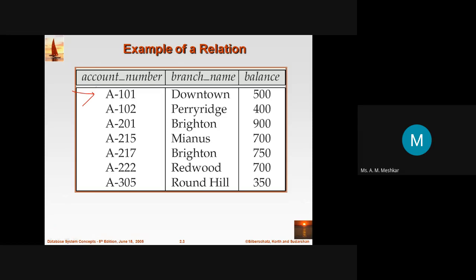So every row inside this table must have a value for account number, branch name, and balance. So as you can see here, how many attributes are there in this relation? How many attributes are present in this relation?